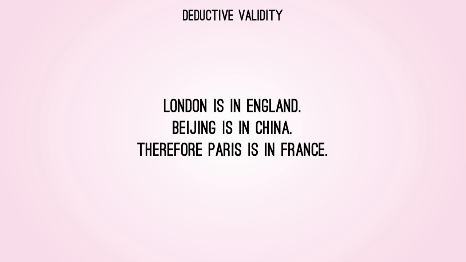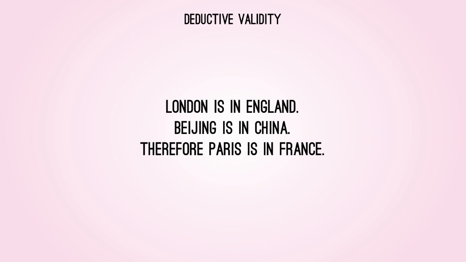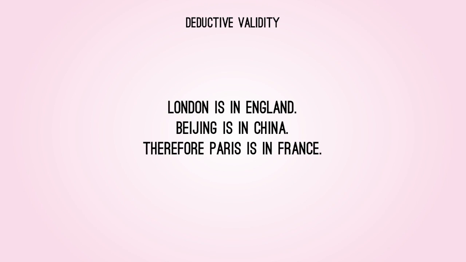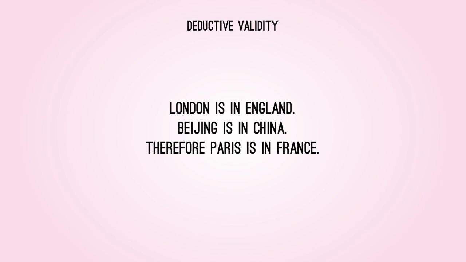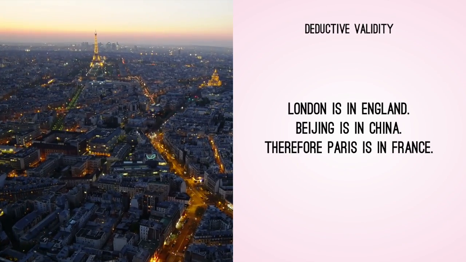Consider this example. London is in England. Beijing is in China. Therefore Paris is in France. The premises and conclusion of this argument are, as a matter of fact, all true. This is a terrible argument, however, because the premises have nothing to do with the conclusion. Imagine what would happen if Paris declared independence from the rest of France.